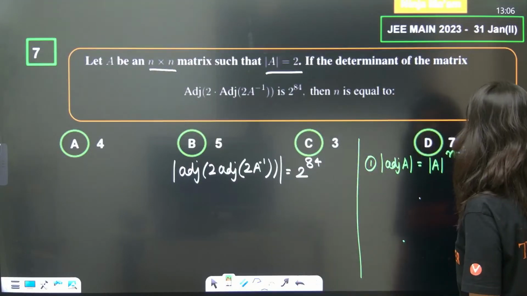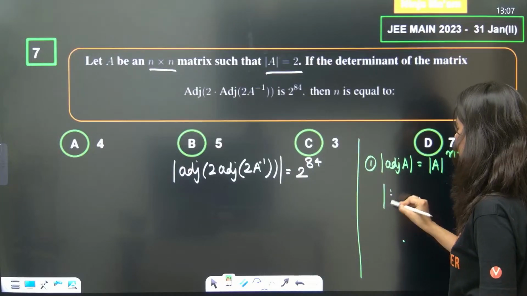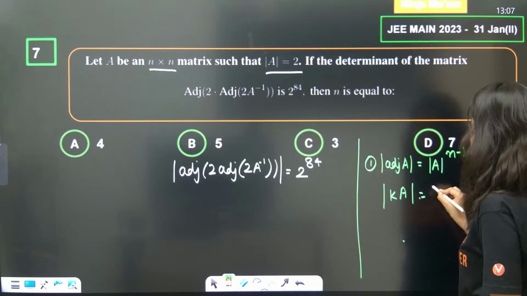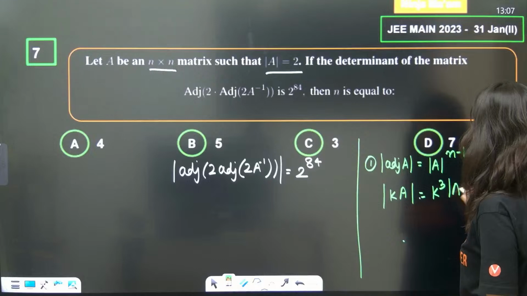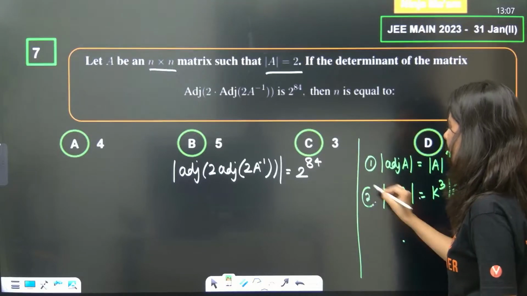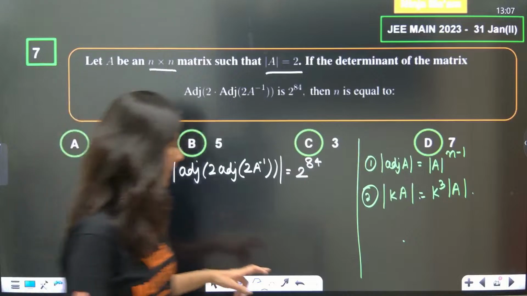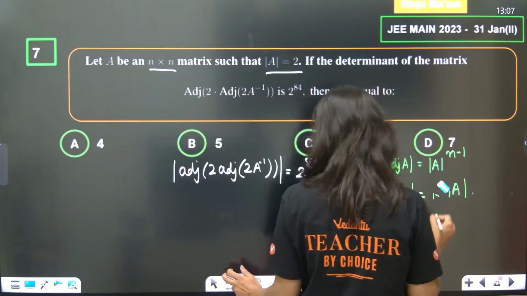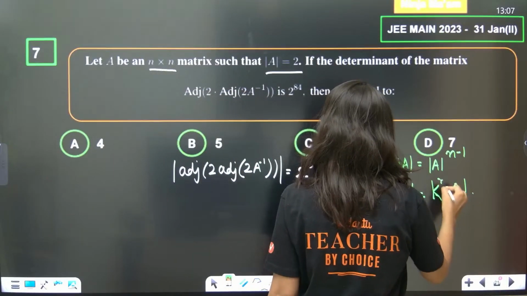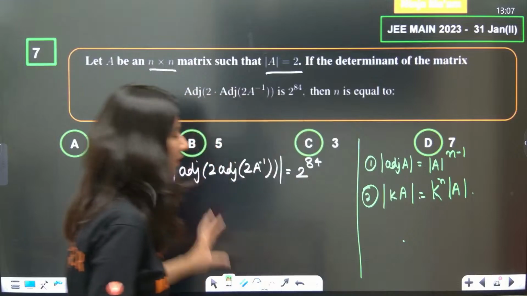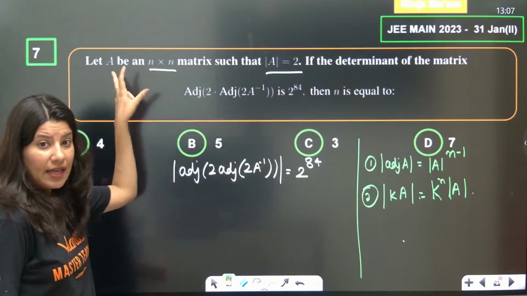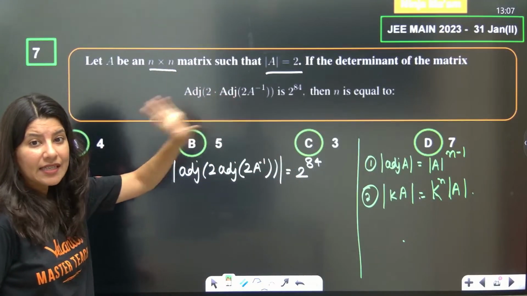This is power n minus 1. And determinant of kA is k power n times determinant A. With these two properties, A being an n cross n matrix, what is n?